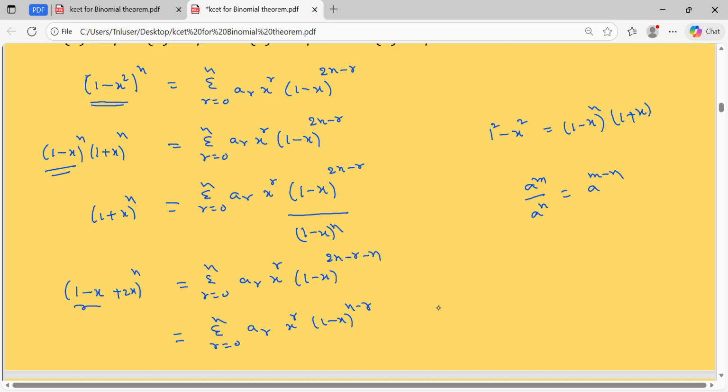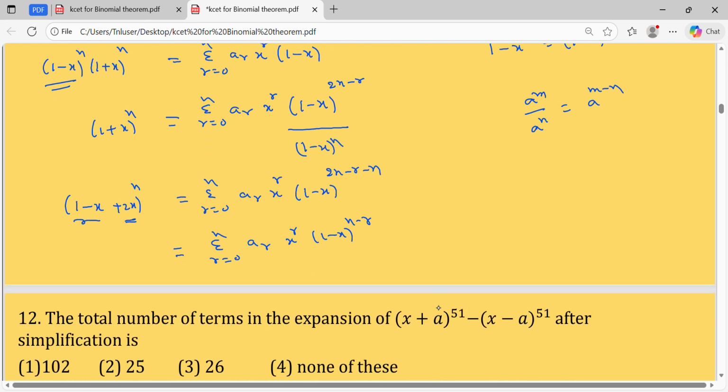Let us take this as the a value and this as the b value, the a plus b whole power n expansion. This can be written as sigma r equal to 0 to n, (1 minus x) whole power n minus r into the b value, 2x power r. So here this value cancels.